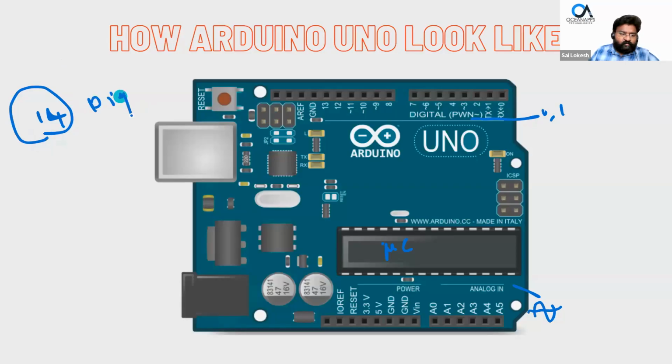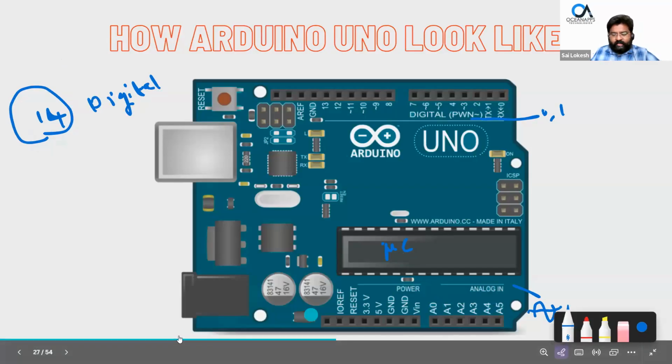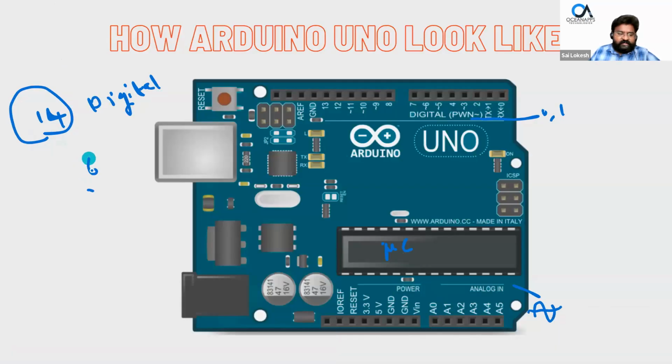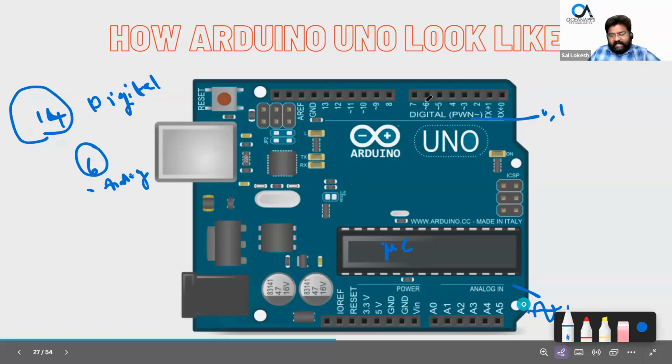Here, for analog, we have A0 to A5. So we have 6 analog pins and 14 digital pins.